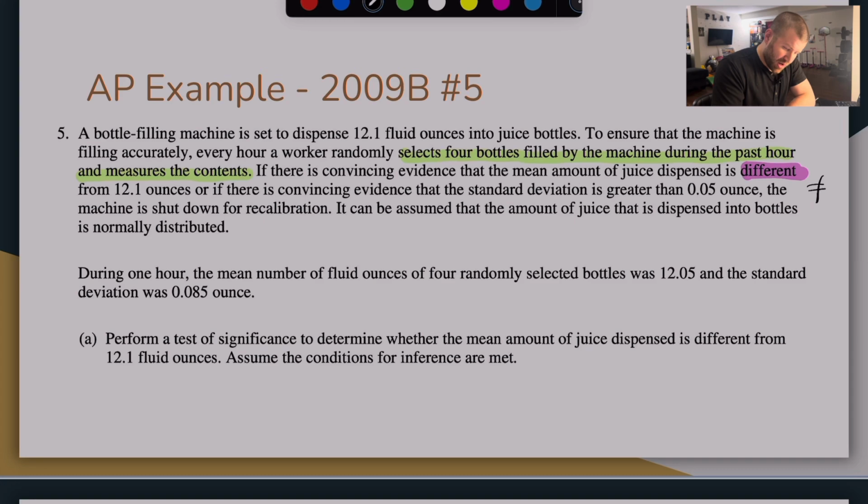The second part here is about the standard deviation. We're not going to worry about that right now. Then the machine is shut down for recalibration, and then it says the amounts are normally distributed. Here's the important thing. We get that sentence about the normal distribution. That is really important because my sample size was only 4.